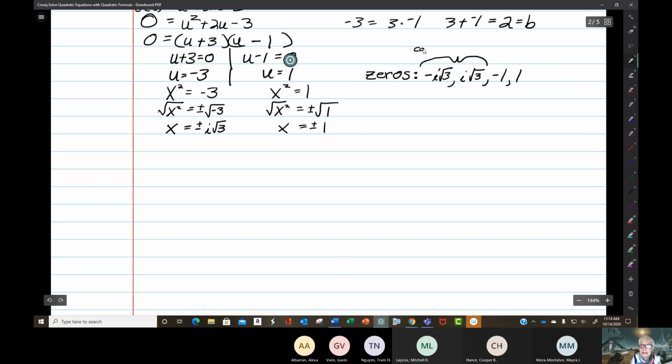These are complex conjugate zeros. While these are real, rational zeros.